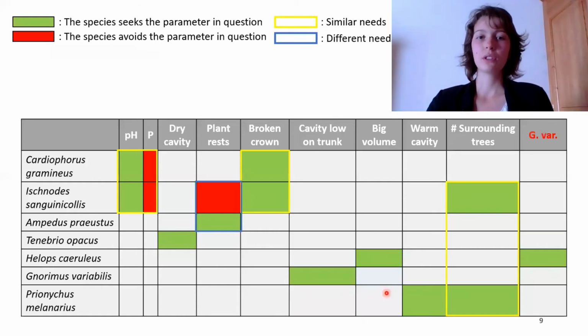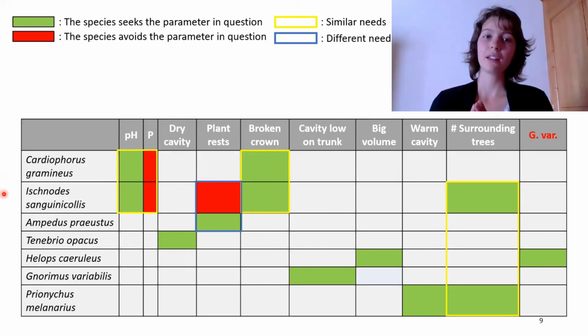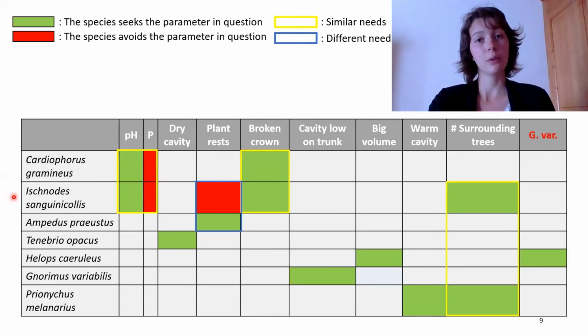Here we see the main results regarding the species needs. So each colored box corresponds to a significant statistical test I carried out. We can see that some species have common needs, as for instance Ichnodes sanguinicolis and Cardiophorus gramineus. Indeed, as we see in the table, they both have a green box.